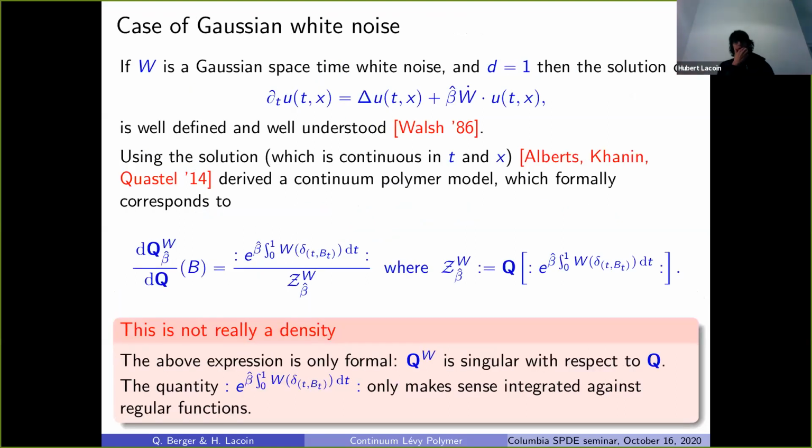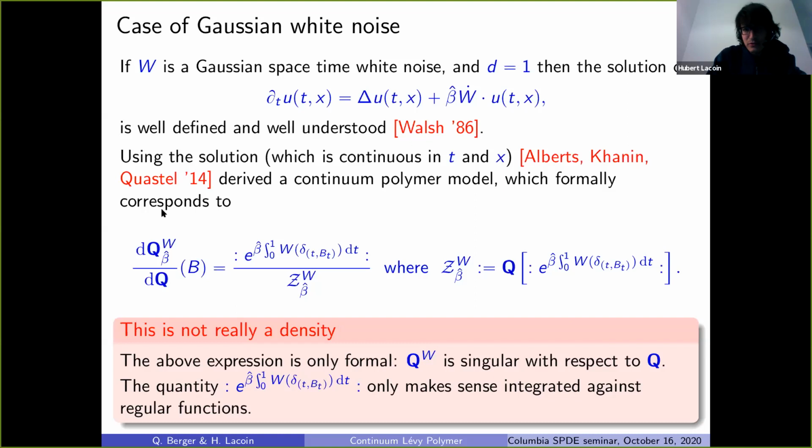Now let me go back to the stochastic heat equation and talk a bit about the case with Gaussian white noise. It has been known since the 80s that the solution of this equation in dimension 1 is well defined and well understood. Hairer, Khanin and Quastel, to define the continuum polymer model, built on this solution to construct the transition probabilities for this continuum polymer measure.